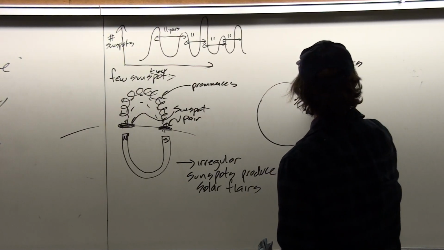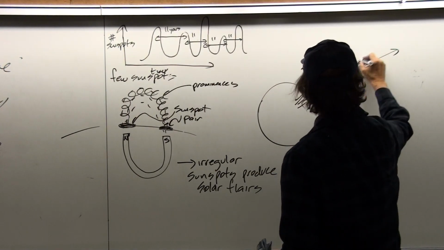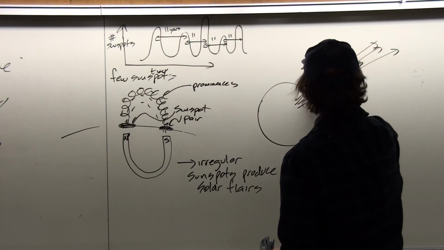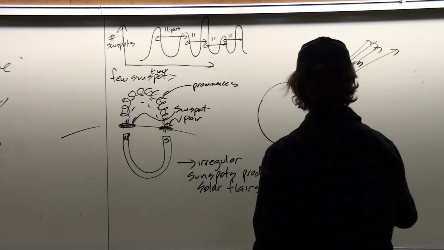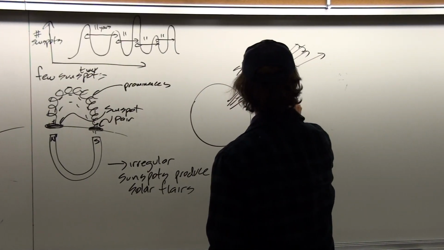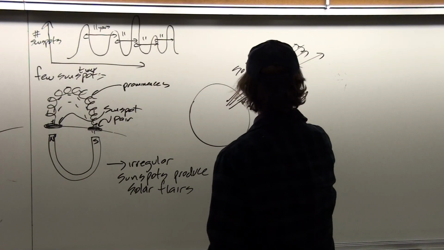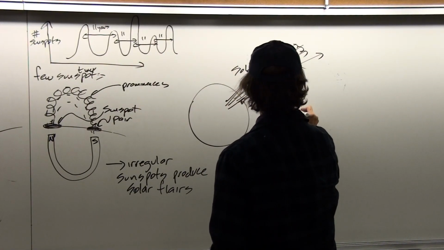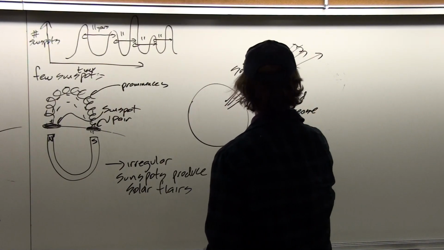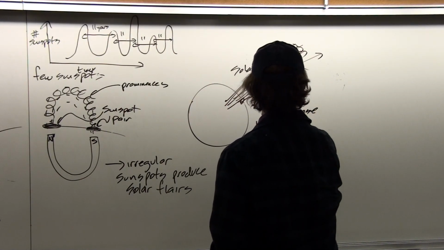The particles can be ejected, and they can just escape at very high velocity, so that the solar wind can increase by a factor of 1,000.